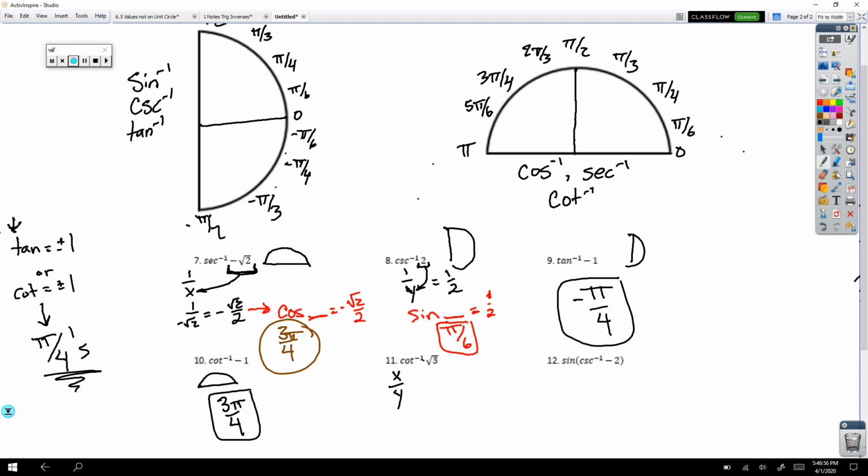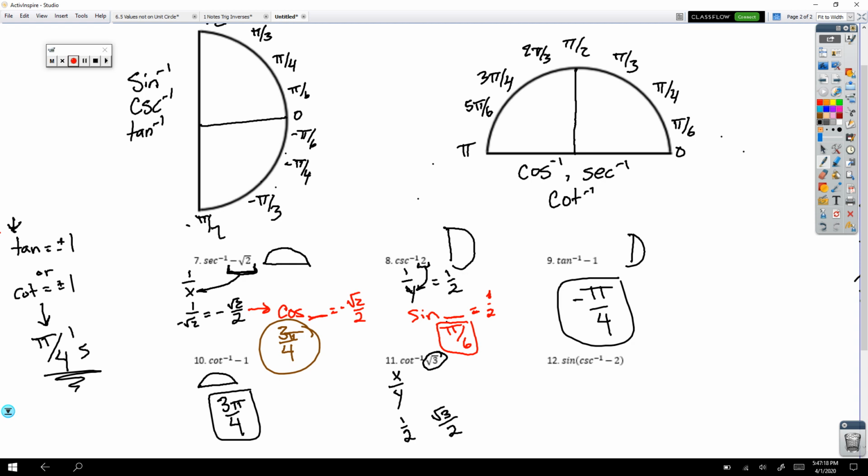Square root of 3 as my answer. That means I had to use some combination of 1/2 and square root of 3 over 2. So one of those has to be the x, one of those has to be the y. But we have to identify which is which. And that's where looking at this comes into play.